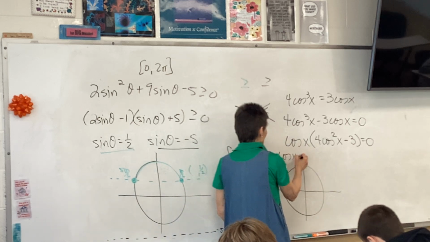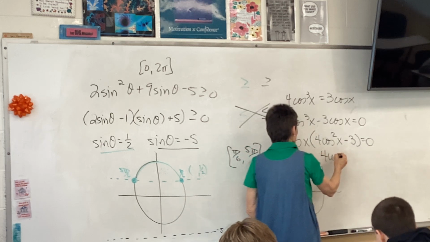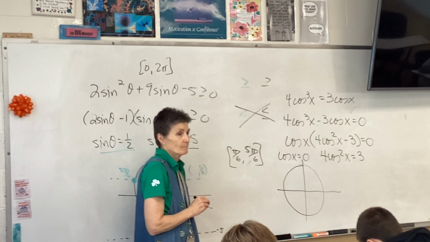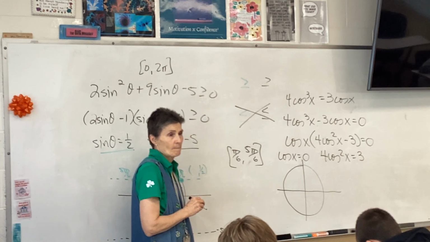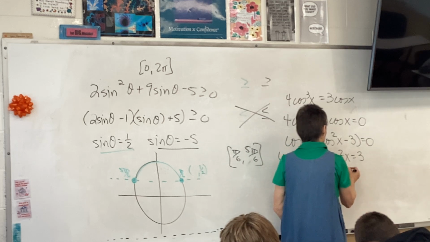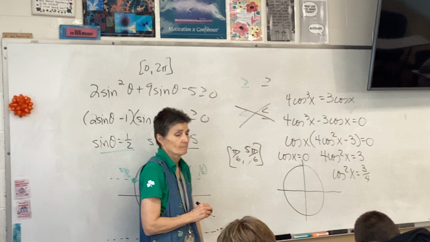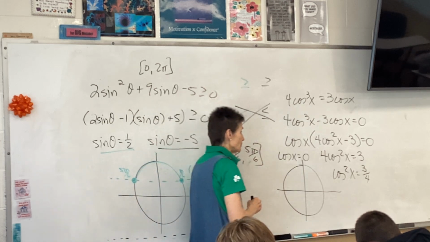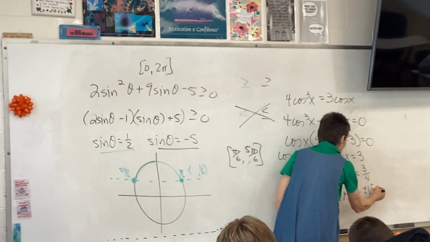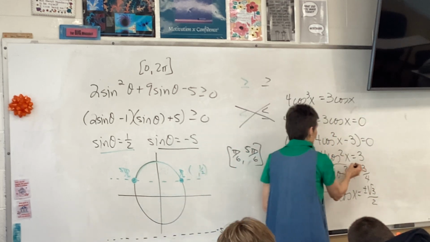Cosine equals 0, or 4 cosine squared equals 3. What are you going to do with that? Divide by 4. Square root, remembering the plus or minus when you take the square root of both sides.